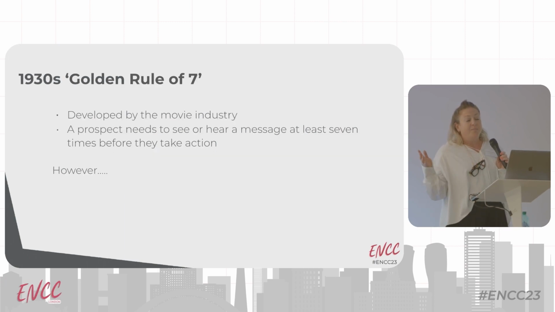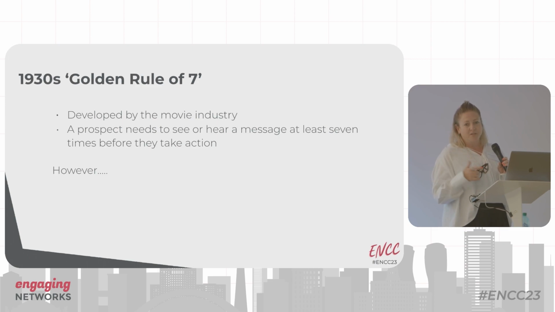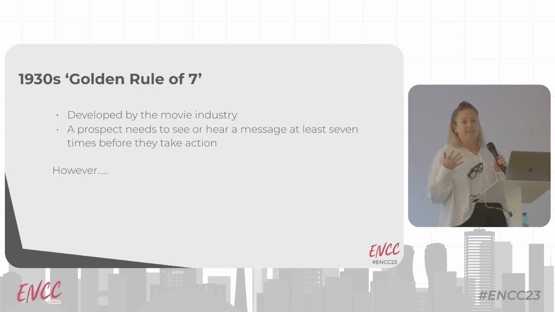And unpacking that even more was looking at this. This is a very old rule developed in the 1930s, the golden rule of 7, by the movie industry when there was literally just TV, print, billboard, radio. This rule of 7 says a prospect needs to see or hear a message at least 7 times before taking some kind of action.